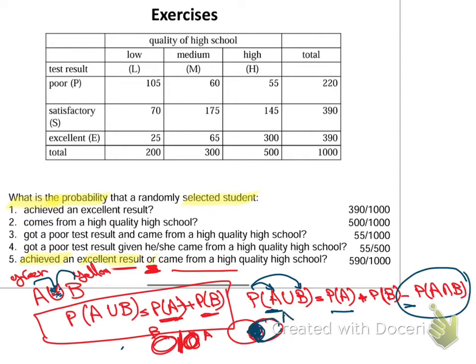It will be counted with A, and it will be counted also with B, because it is here and here. So we have to subtract one of them.